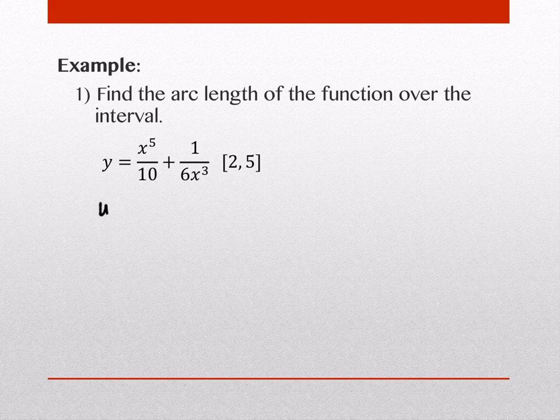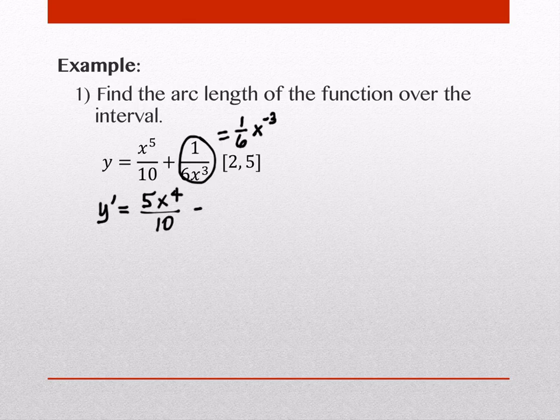So what we're going to do is take the derivative of this. What's the derivative of x to the 5th over 10? Well, 5x to the 4th over 10, and then it will reduce. This other piece is 1/6. Don't go moving my 6th. But this is x to the negative 3.